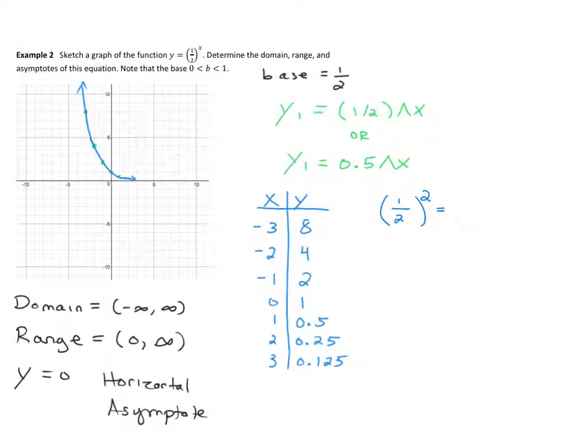Well, this is 1/2 times 1/2, which is 1/4, which is 0.25. So that's actually not very surprising. Since it's a 1/2, this 2 is squaring the denominator. So you still have a 1 on the top. Now the 4 is on the bottom. So you're dividing by 4 instead of multiplying by 4. So it went to 1/4 instead of 4.